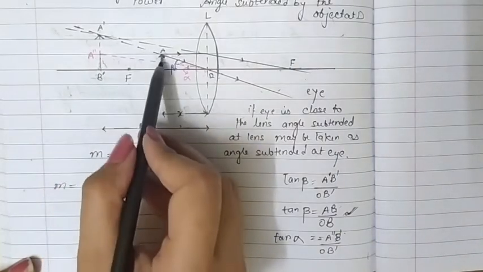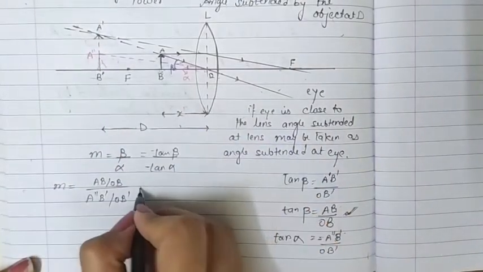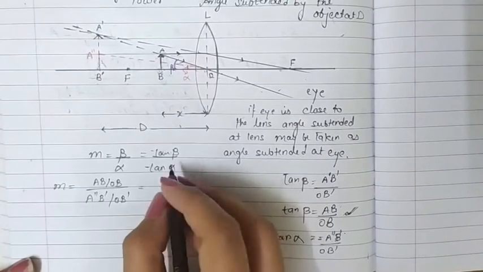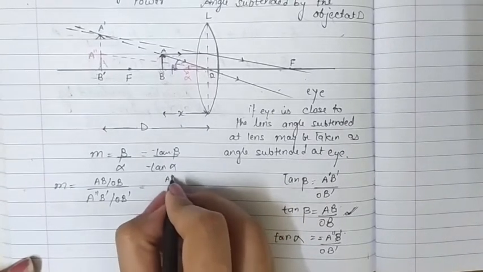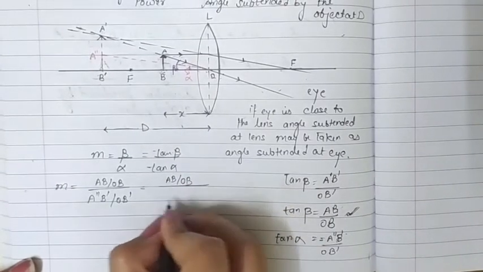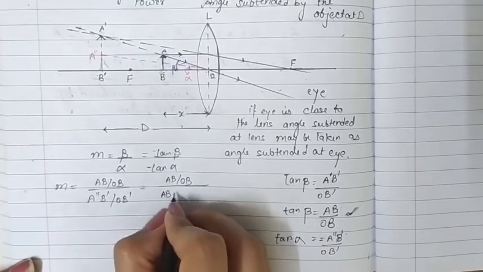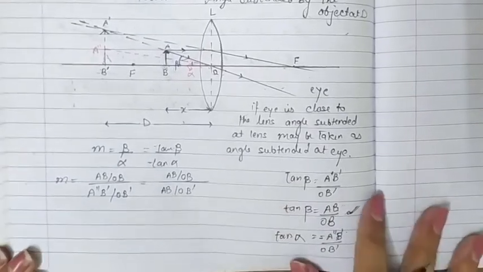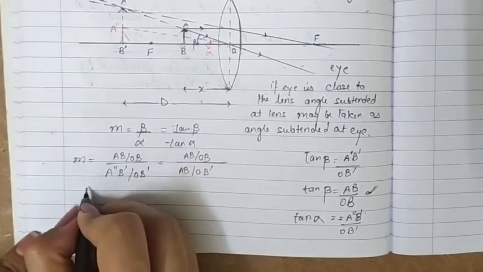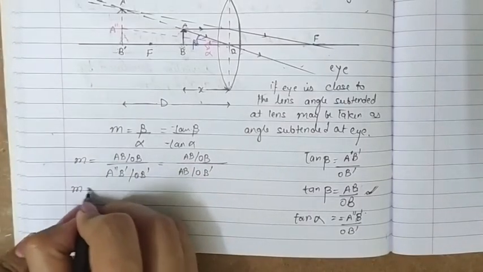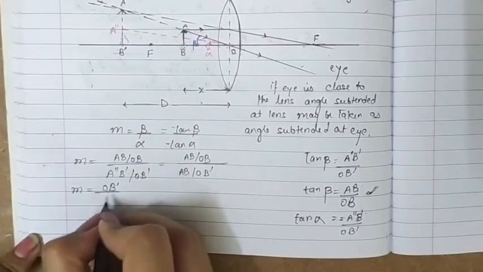These heights are equal because this is the object only, which we displaced to point D, distance D. So we can write AB upon OB upon AB upon OB', and if we solve we get M is equal to OB' upon OB.